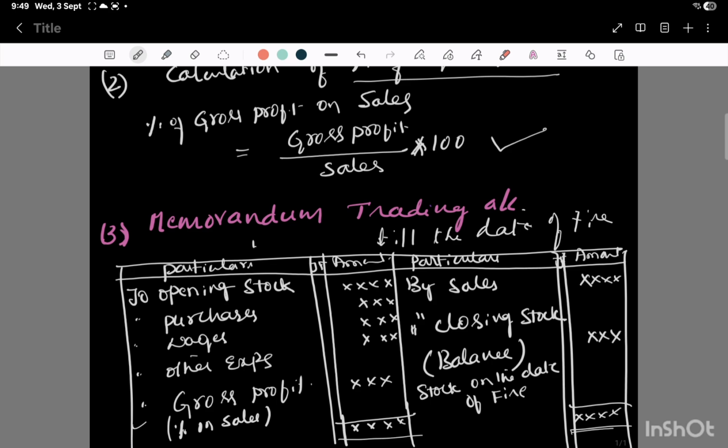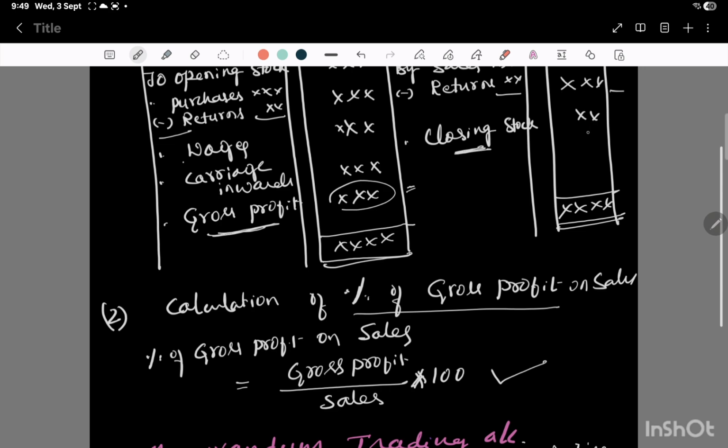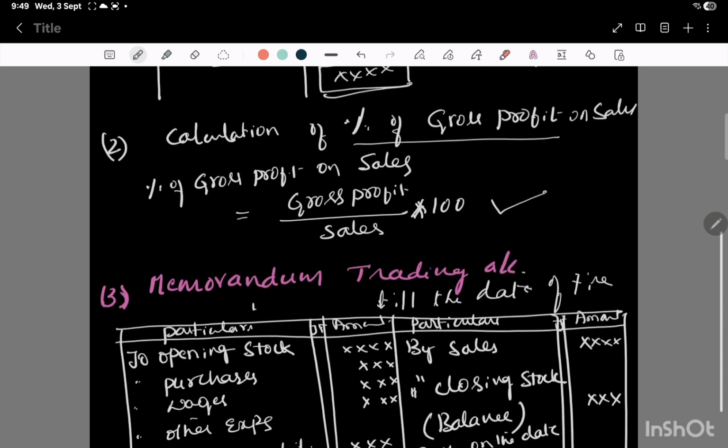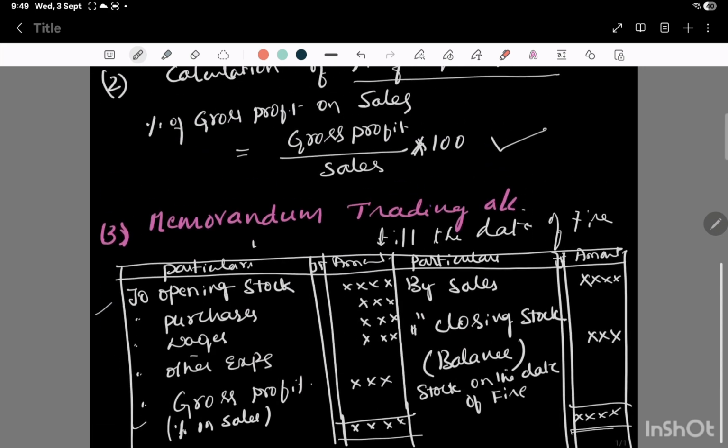The last year's closing stock becomes the opening stock. Purchases you have made till the date of fire, and wages and expenses incurred till the date of fire, are to be considered. Sales done till the date of fire are to be taken.